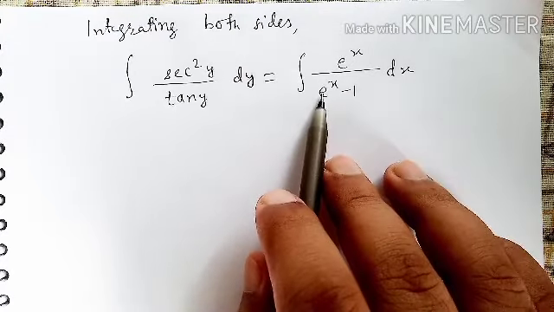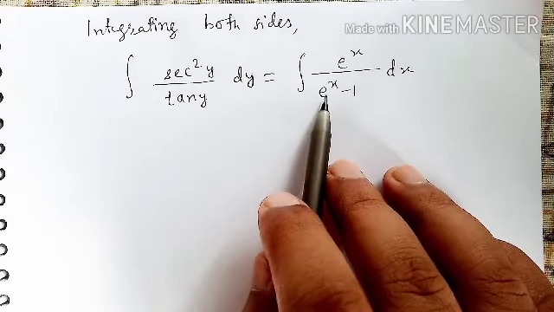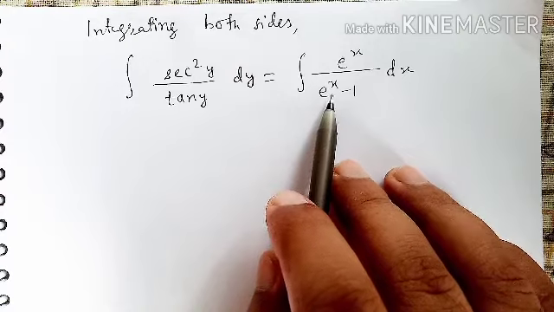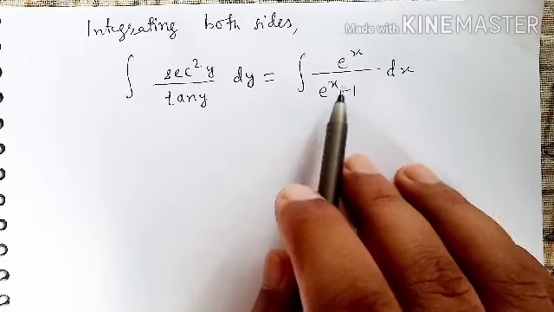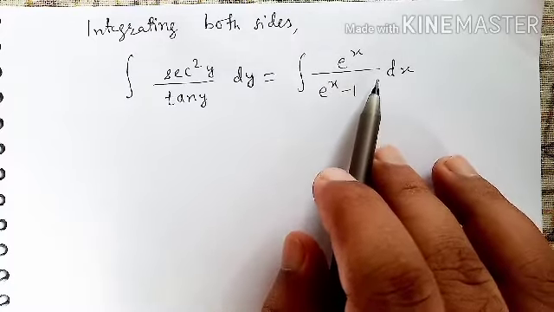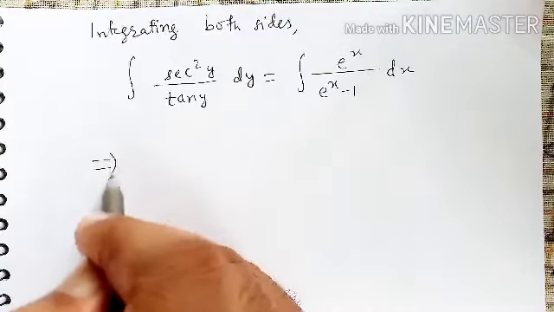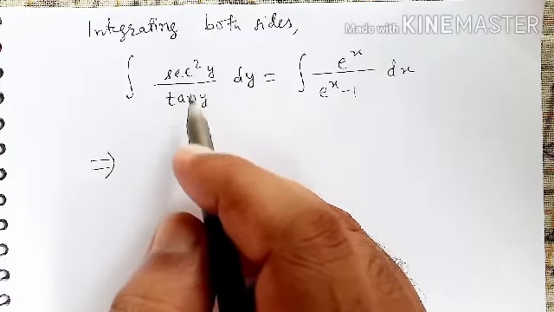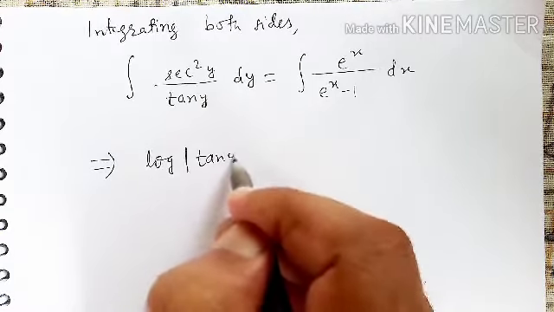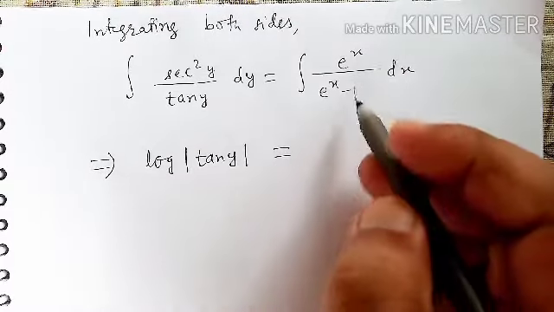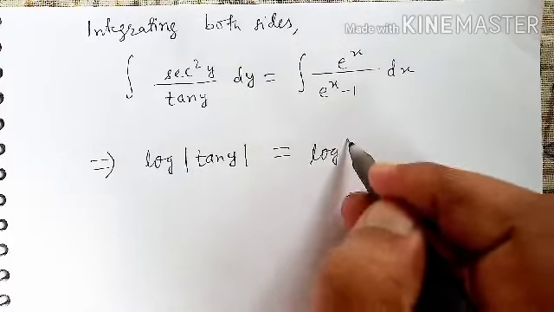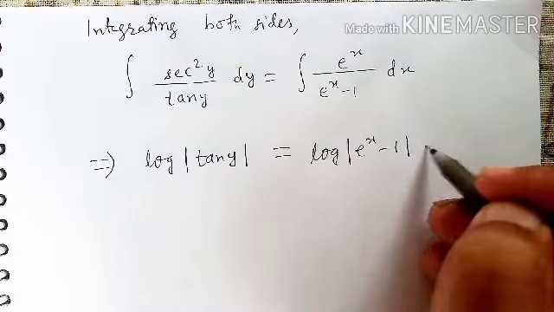So if we substitute e to the power x minus 1 as s, then it becomes 1 by s ds. So we know that 1 by t dt, its integral is log mod t. We know that 1 by s ds, its integral is log mod s plus integral constant.